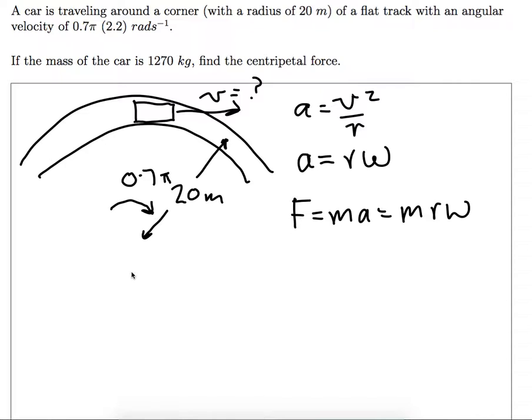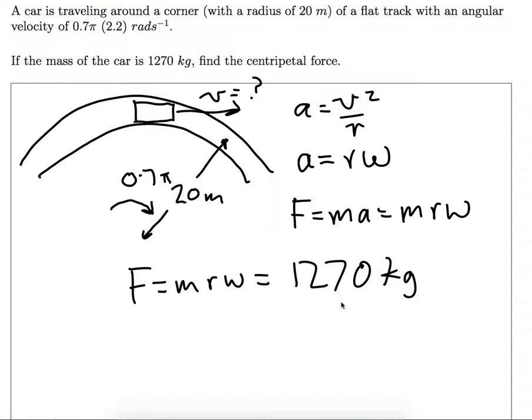F equals m r omega equals the mass, which we're told is 1270 kilograms, and I probably should have summarized that at the top. 1270 kilograms, I'm putting the units in here, times the radius, which is 20 meters, times the rotational velocity, which is 0.7 pi radians per second.